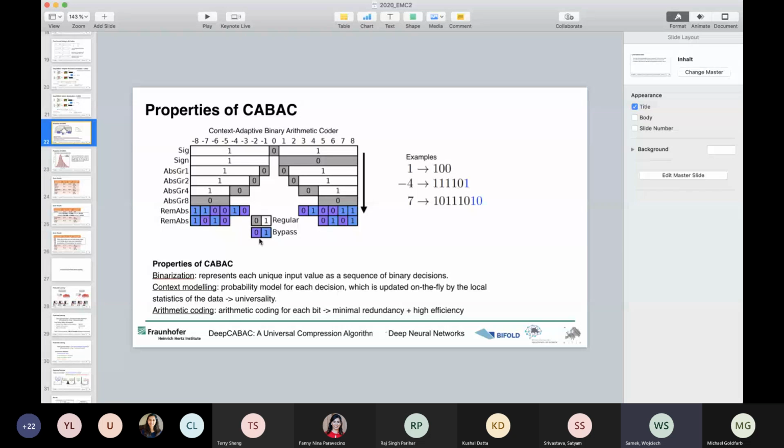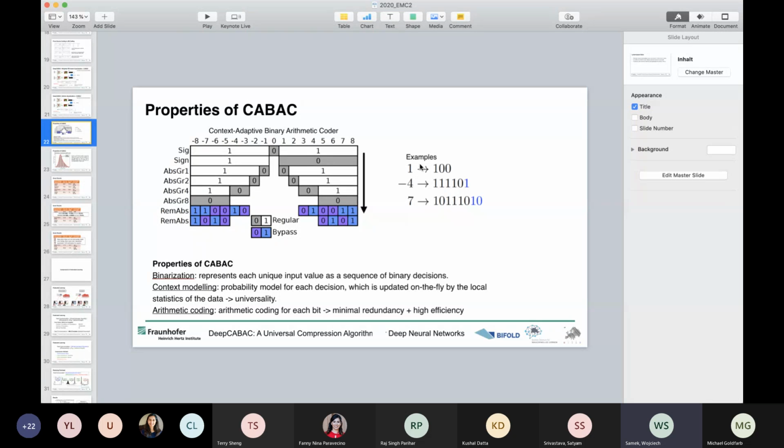And how do you do this? You have different decisions to take. The first decision is a significance flag. As you see here, everything which is non-zero gets a bit 1, and only the 0 gets a bit 0. Since 1 is not 0, it gets a bit flag 1, and then you get to the next decision, the sign decision. Everything which is negative gets a bit flag 1, and everything which is positive gets a bit flag 0.